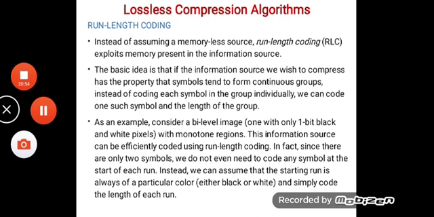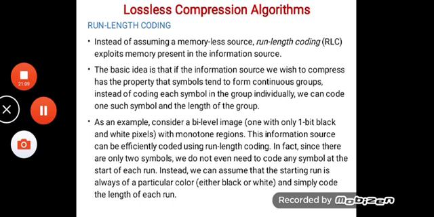Now if you get confused with this, let us take an example by which it will be very easy for you to understand. Let us consider a simple example of a 1-bit binary image, or say a bi-level image.